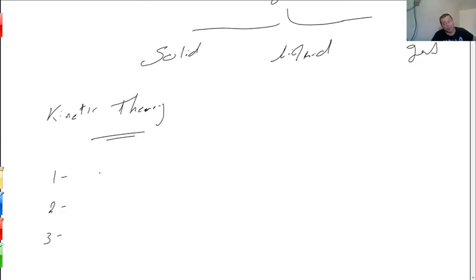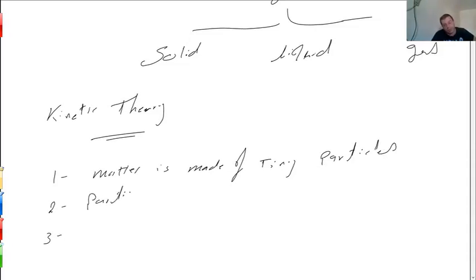If matter is made of tiny particles, those particles are in a continuous motion.